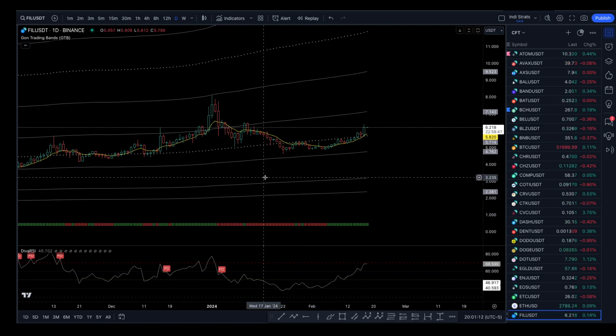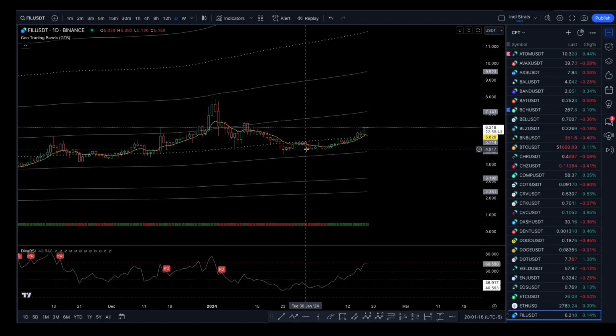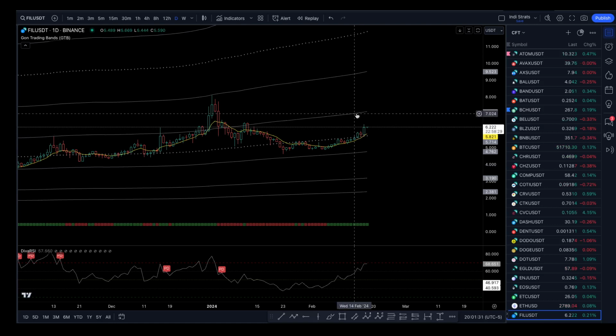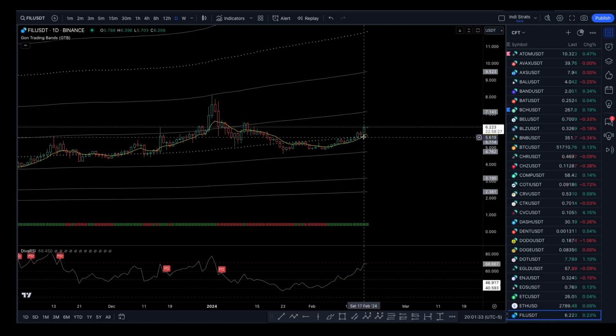So I'll just give some examples, but I want to make sure that you understand the Gon Trading Band strategy itself. Again, to reiterate, the most important thing is where price is in relation to the bands, and the second most important is where it is in relation to the relative strength line.